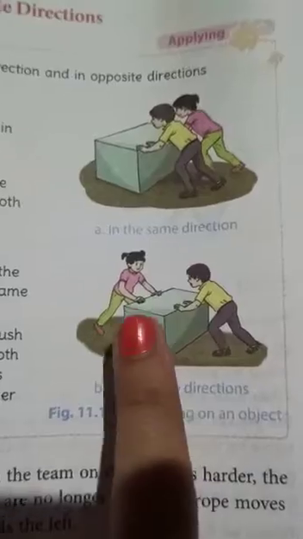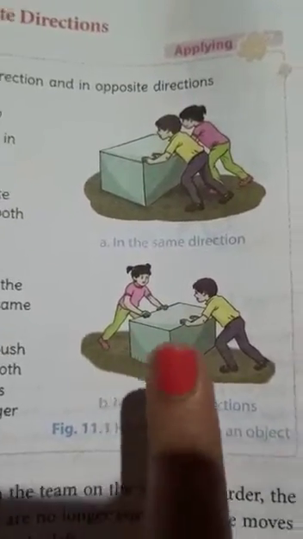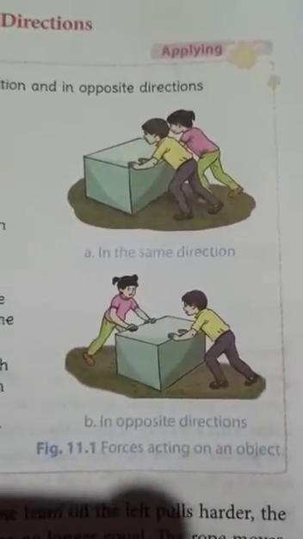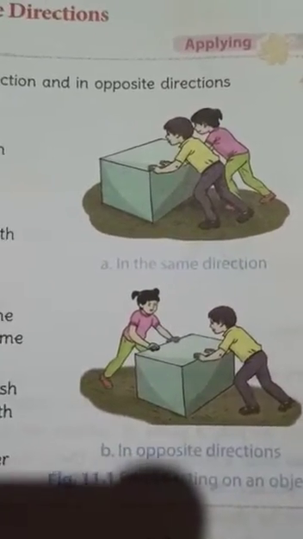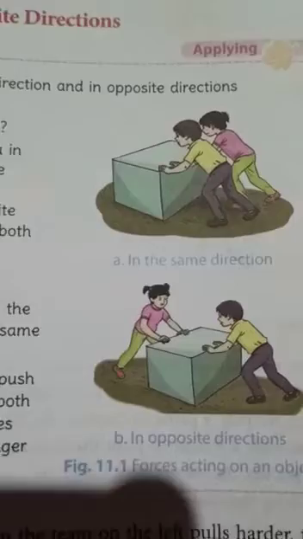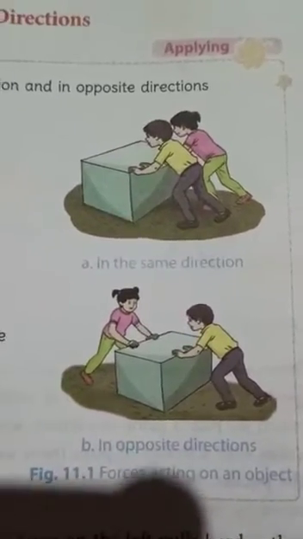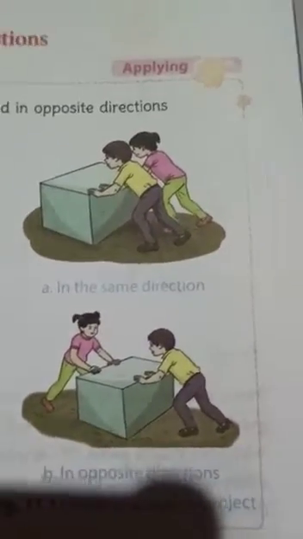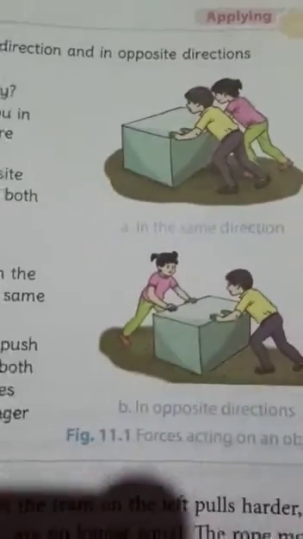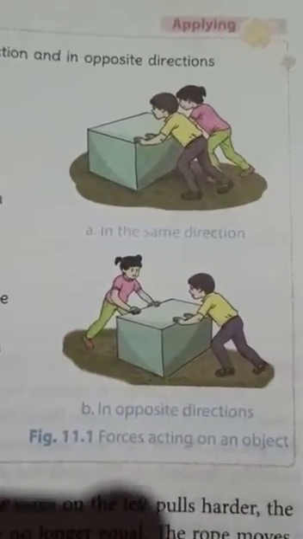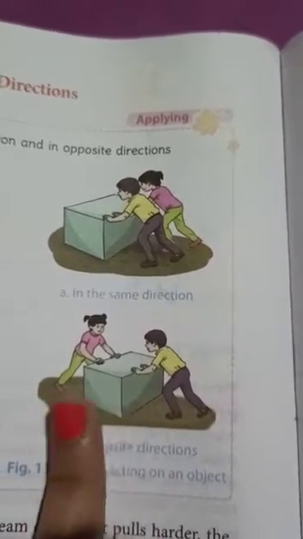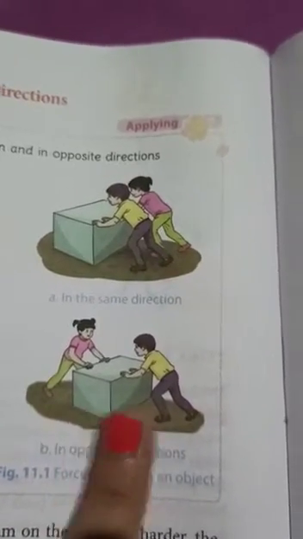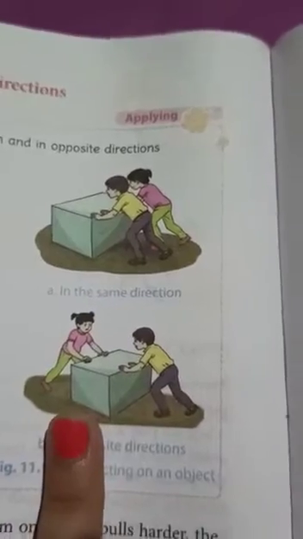While in the second picture, when two persons are applying force on the box, it was not easy to move the box when the two of them were pushing in the opposite direction, one on the left side and another on the right side. The box will not move at all if both of them push in the opposite direction with the same force.